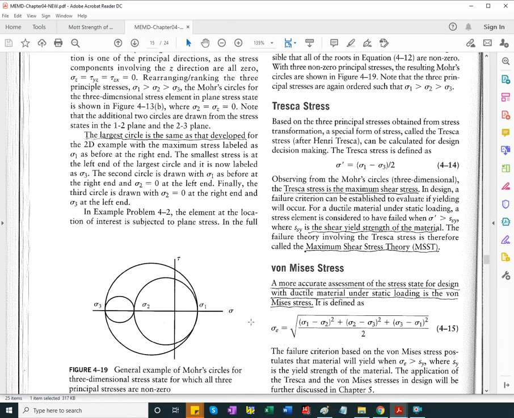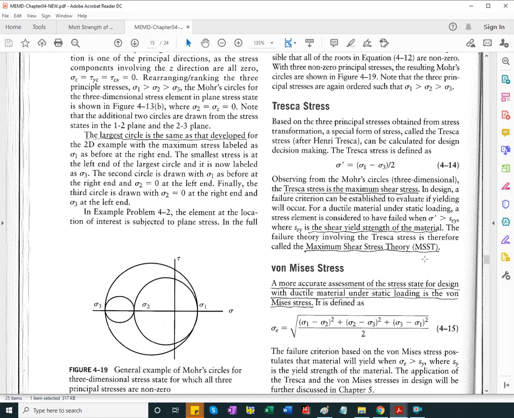Or with the maximum shear stress, which is identified only by showing 3D Mohr circles for pressurized pipes, for example. We can apply what are called failure theories, and one is called Tresca stress. Some refer to it as the maximum shear stress theory.